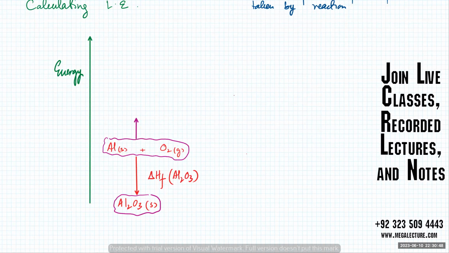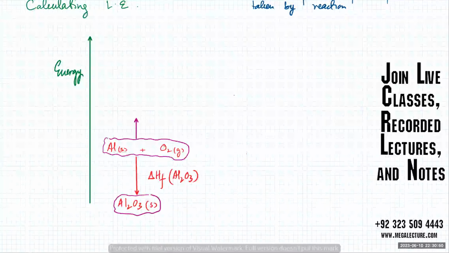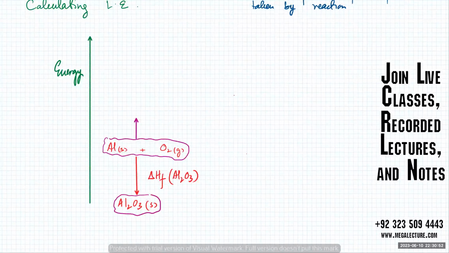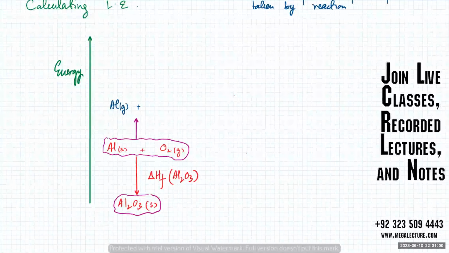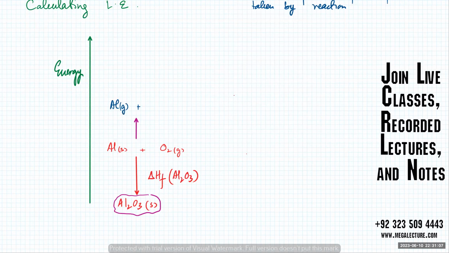So the first thing I'm going to do is atomize the aluminum atom. O2, I'm going to keep as it is. And it's not balanced, so let me balance it first. There's 2Al and there's 3/2 O2.